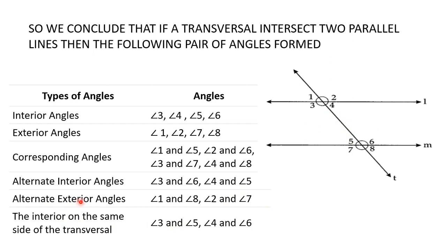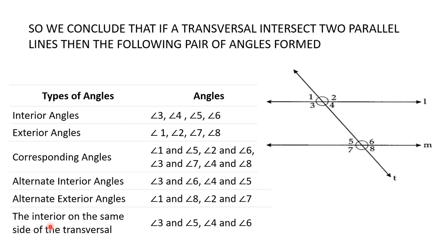Then alternate exterior angles. Angle number 1 and angle number 8 are alternate exterior angles. Second pair is angle number 2 and 7, these two are alternate exterior angles, and alternate exterior angles are also equal. So, 1 is equal to 8, 2 is equal to 7.